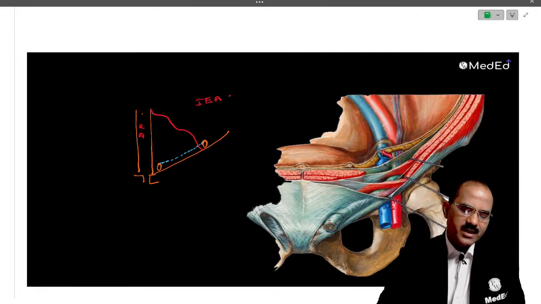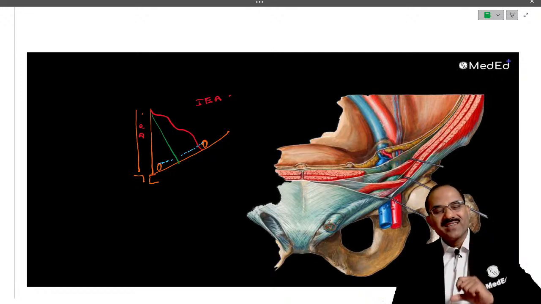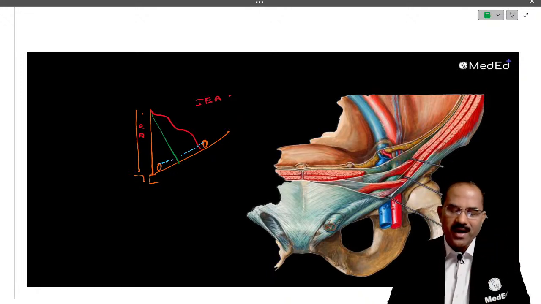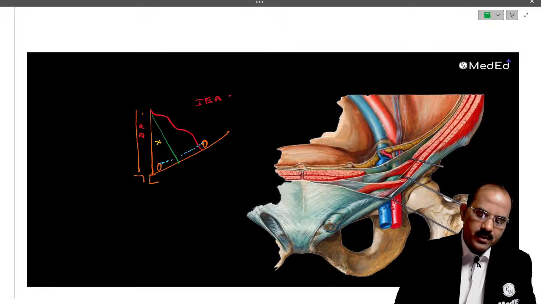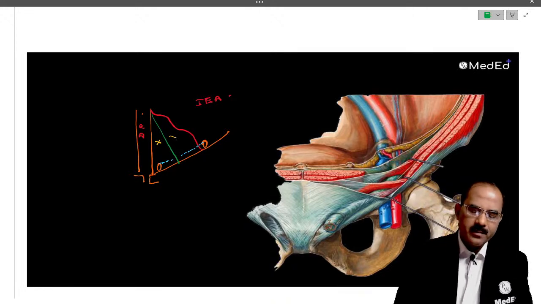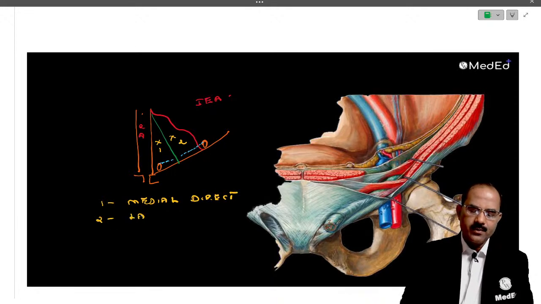This structure is going to divide Hesselbach's triangle into two further parts. A hernia coming out from here is also direct. But if it comes out from here, it is known as a medial direct, and a hernia coming from number 2 is a lateral direct hernia.